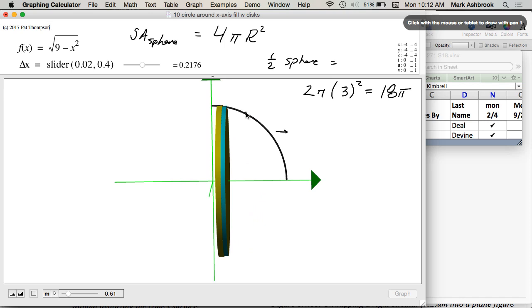So we don't want to use a disk that goes like this, right? So remember what we did with surface arc length. Here's a big delta x interval, say from here to here.